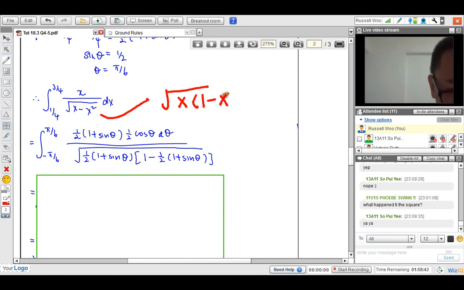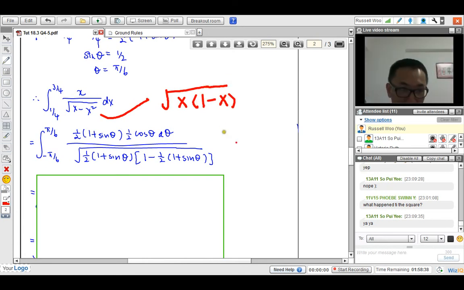Sorry, I forgot to say this. I substitute the x like that and 1 minus x like that. Okay, complicated, complicated. But not really.